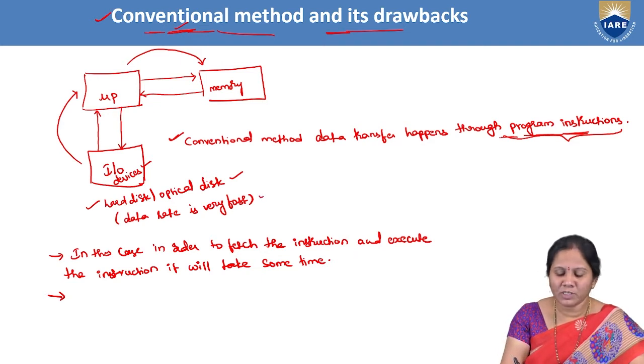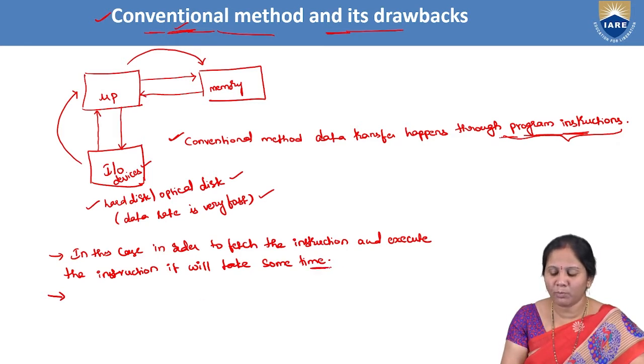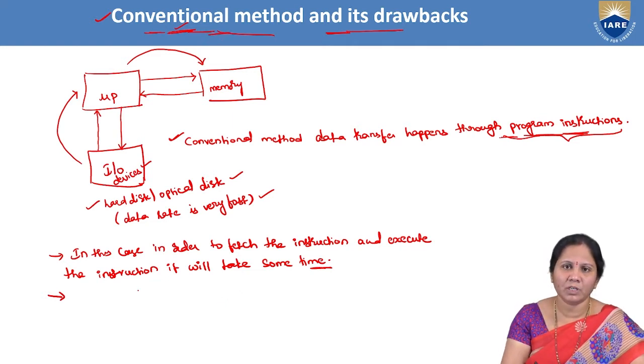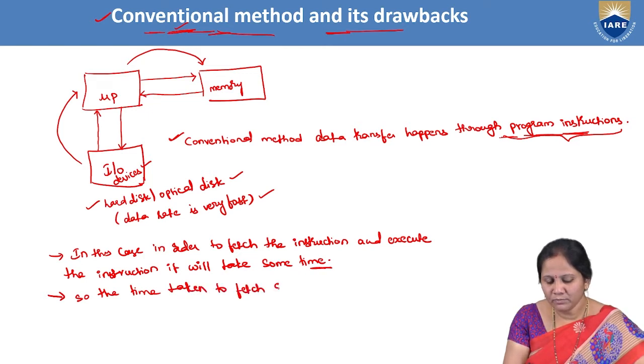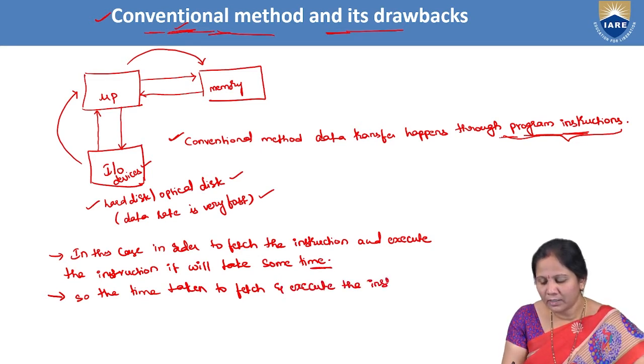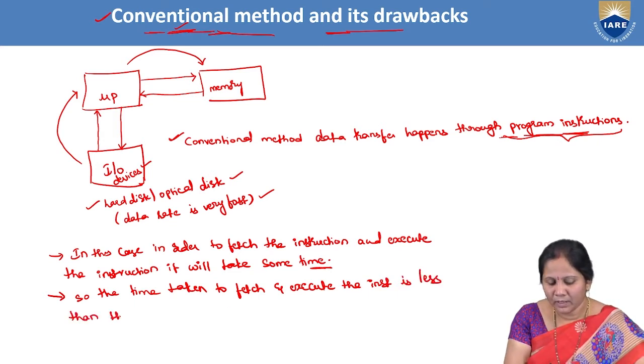But what happens to these fast devices? The data rate will be fast, but here it is taking more time for fetching and decoding. So in the conventional method, the time taken to fetch and execute the instruction is more than that of the data rate of these fast devices.